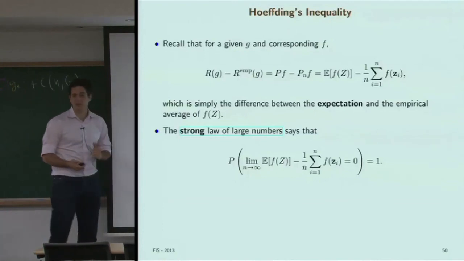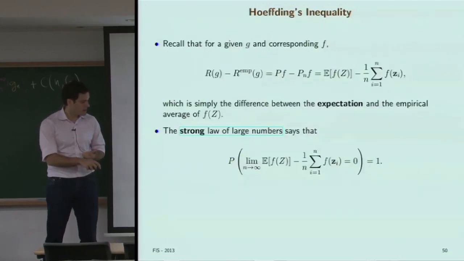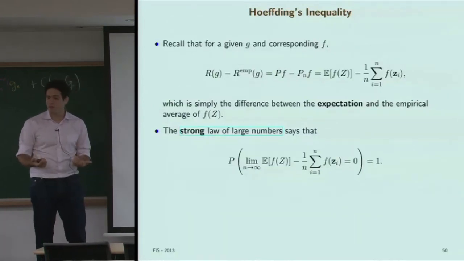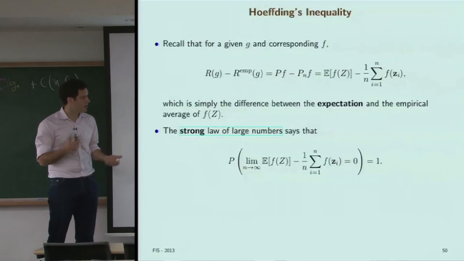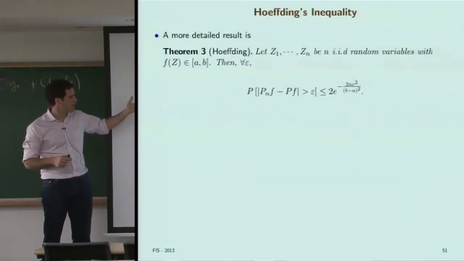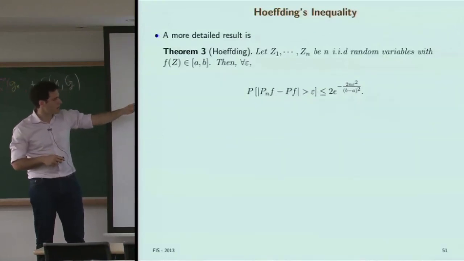But this is not enough. This is not enough because this just tells us that if you have 1 billion observations, then maybe this minus this will be small, but we don't know how small. So here is a very fundamental result, whose proof I will very briefly discuss in the next session, but which was proved by Hoeffding in this form.